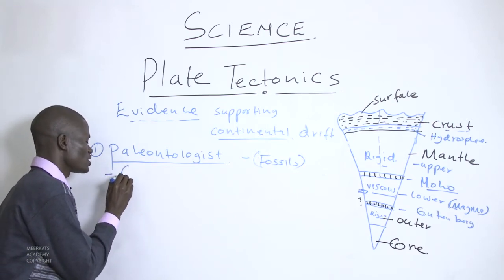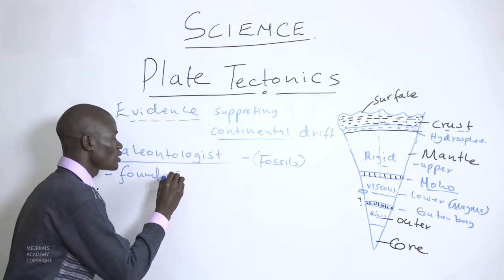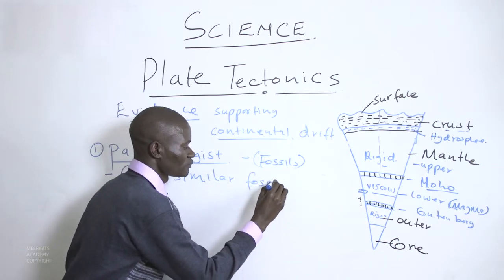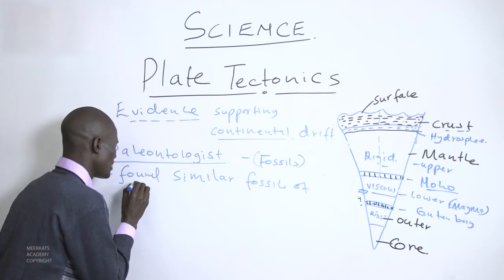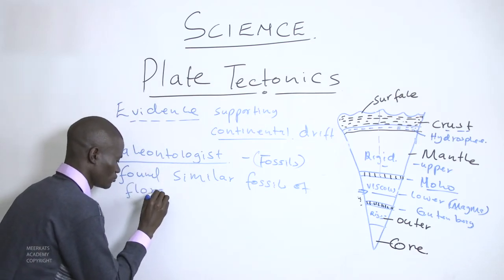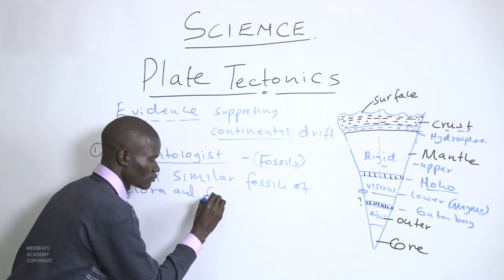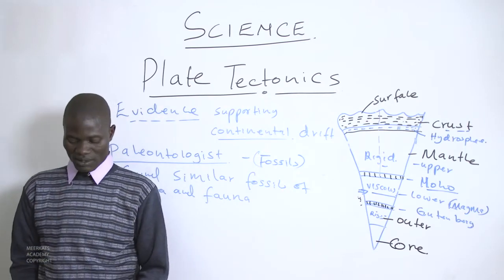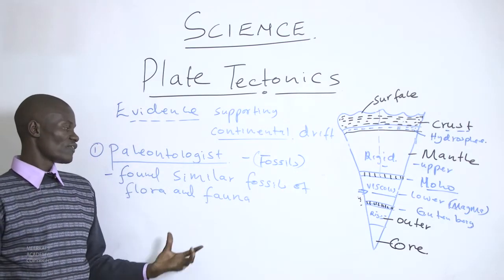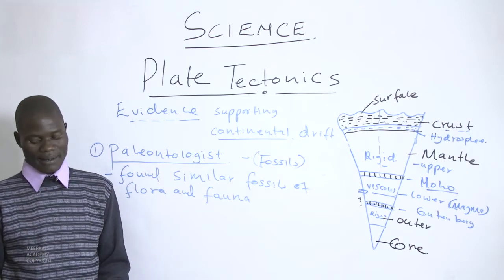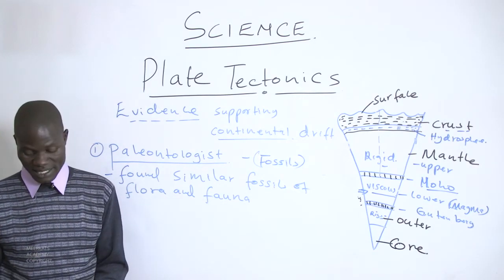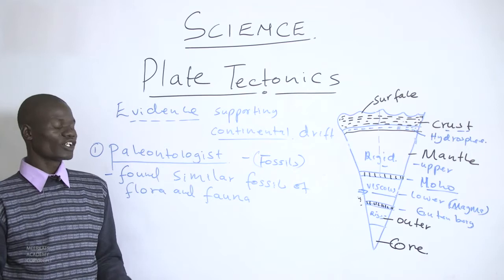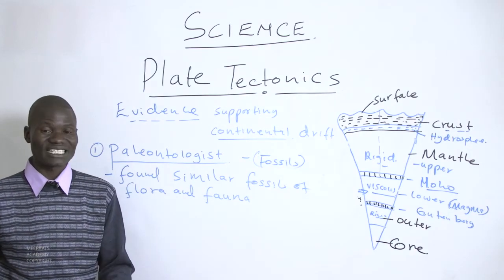The paleontologists have found what we call similar fossils of flora and fauna. They have found the fossils of flora and fauna at matching localities, especially on the Atlantic Ocean side and also the South American coastline.